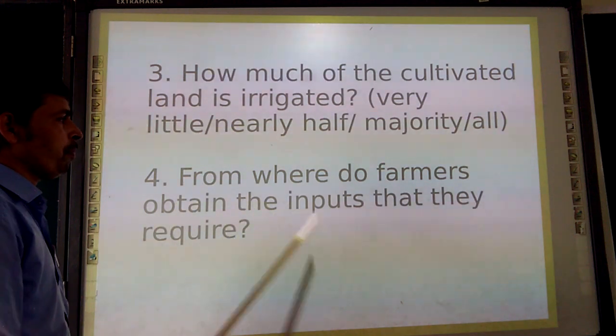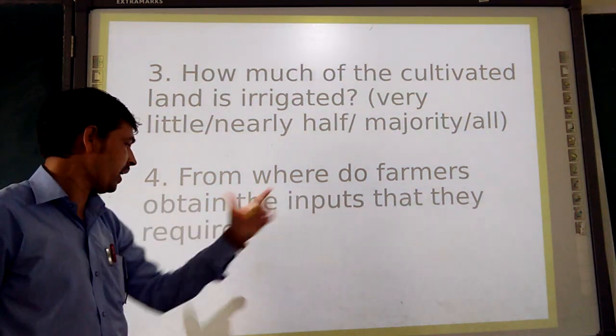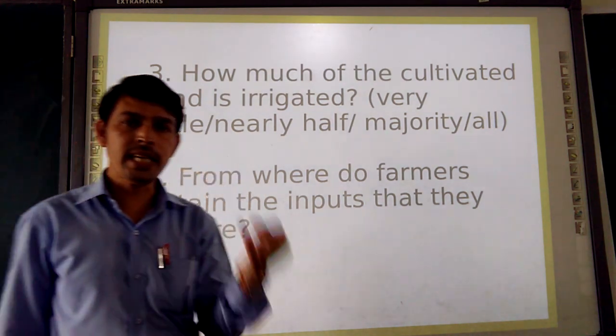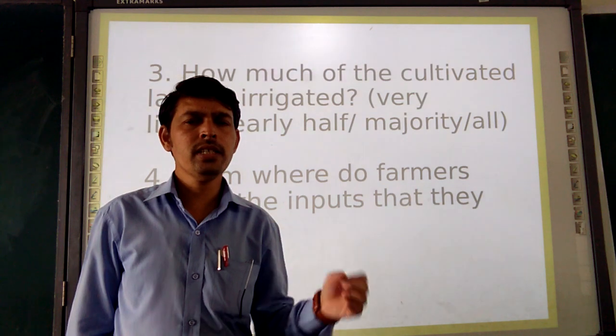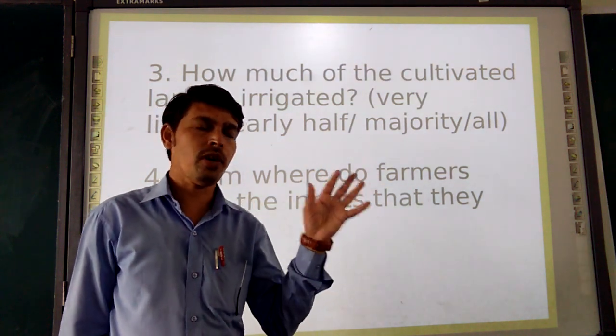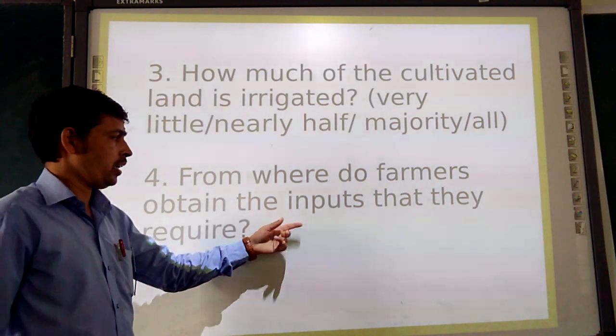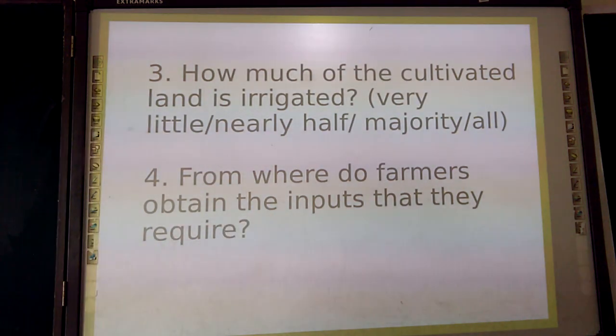So from where do the farmers obtain the inputs that they require? Seeds, fertilizers, then irrigation facilities. Many things are required for the cultivation of any crop. From where they bring these inputs, you have to make a note.